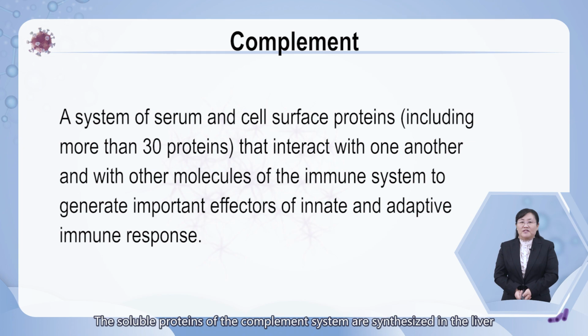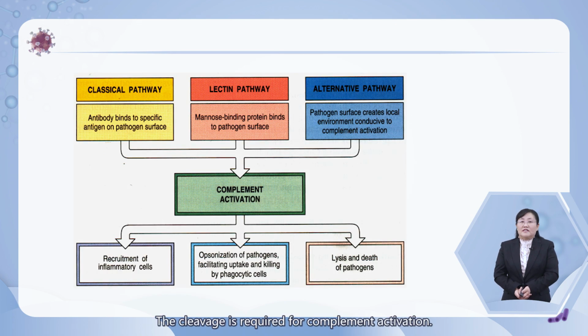The soluble proteins of the complement system are synthesized in the liver and are secreted as non-active forms called zymogens. Cleavage is required for complement activation. The cleavage of a zymogen usually produces a larger active fragment of enzymatic activity and a small fragment with inflammatory effects.